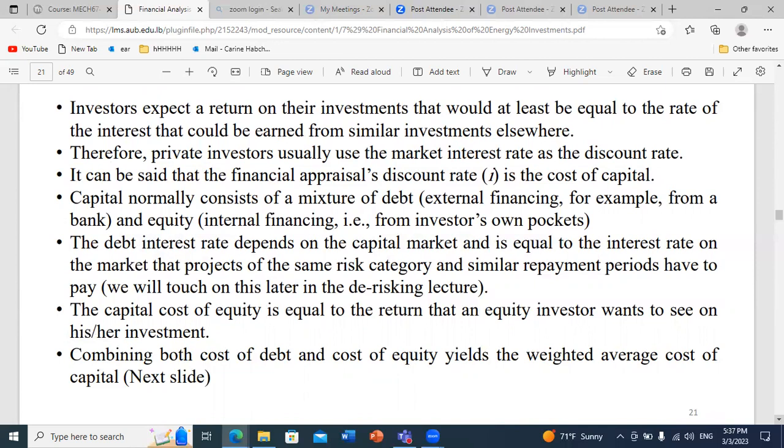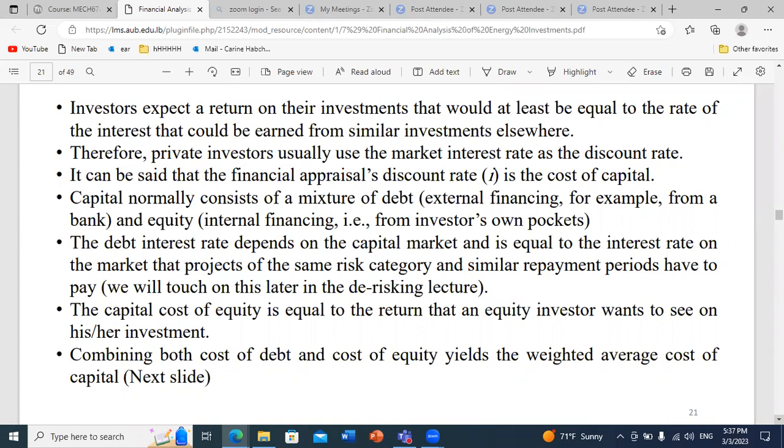That's why the discount rate should be selected as the market interest rate, because I should be able to have a benefit larger than the one that I predict in any other investment in order to decide to go and invest in this project.